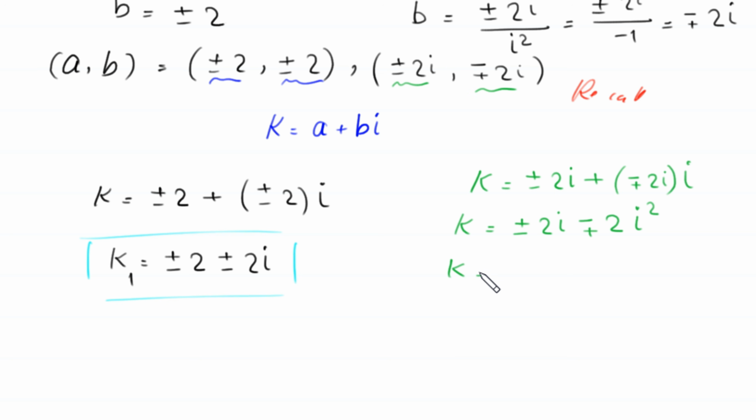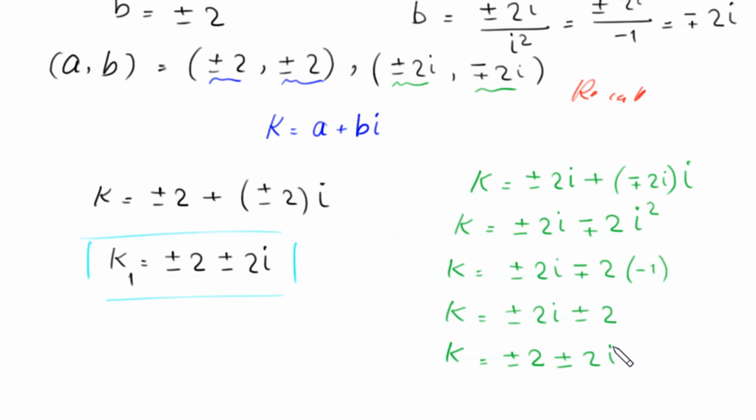Next, k is equal to plus minus 2i negative plus 2 times this i squared, which is equal to negative 1. Next, k is equal to plus minus 2i and this minus plus 2 times negative 1 will become plus minus 2, and this can be written as k is equal to plus minus 2 and plus minus 2i. This is the second value of k. This is the second solution of this equation.